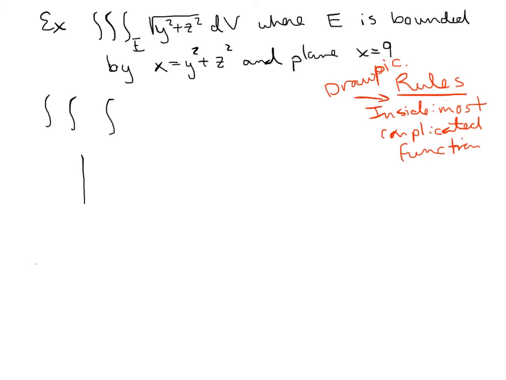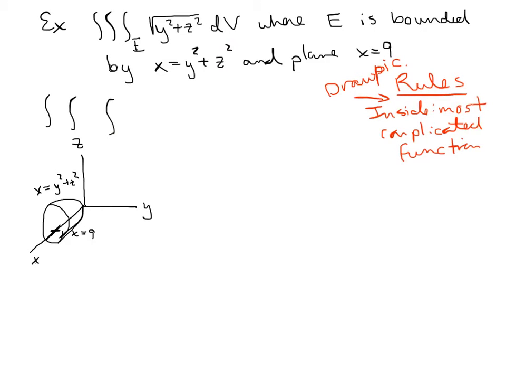Because this is an x equals, it's a paraboloid that comes out towards the x-axis here. There's our x-axis. And it ends right there where x equals 9. X, y, and z. Okay, so this is the paraboloid where x is equal to y squared plus z squared.